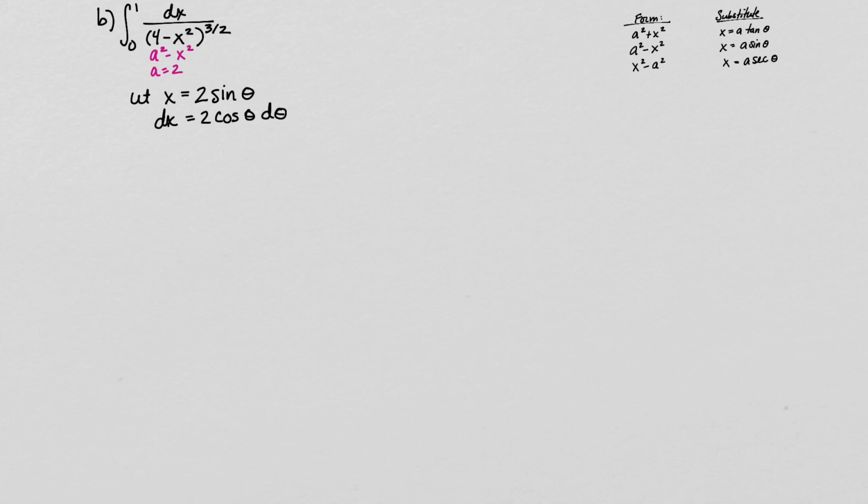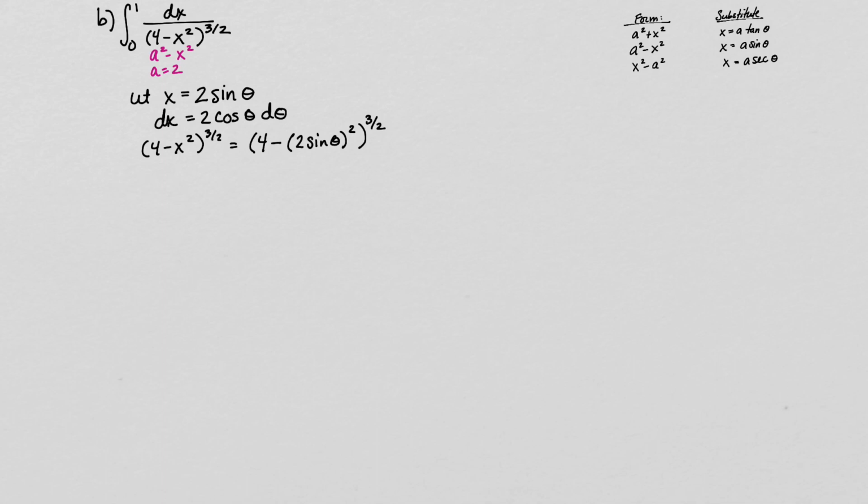The other thing I need to plug in is 4 minus x squared to the 3/2 power. So this is going to be 4 minus 2 sine theta squared, all raised to the 3/2 power. And it's going to take us a little bit of work. I should say you can do this work either here on the side, like I'm doing today in class, or, in my answers for the homework of this section, I do the work just within the integral sign.